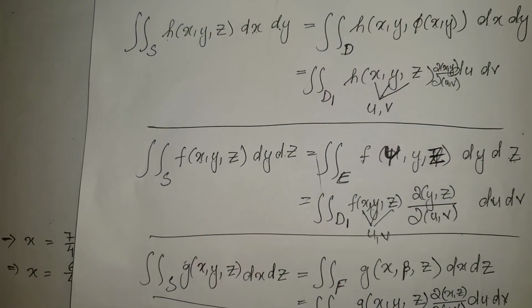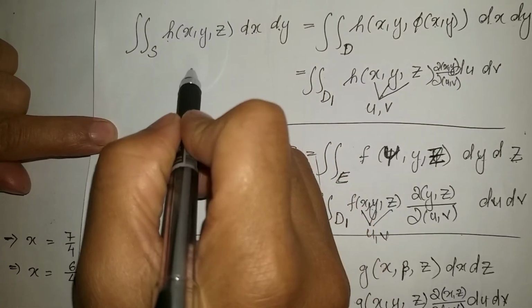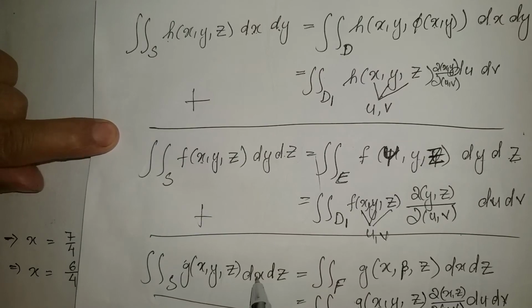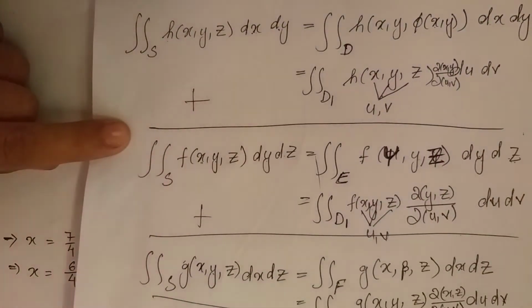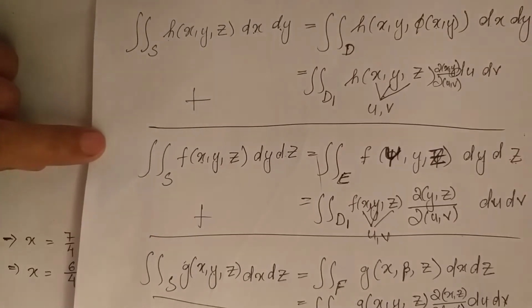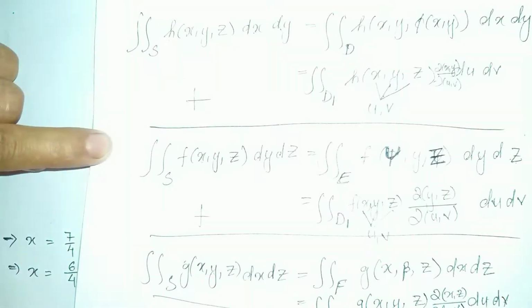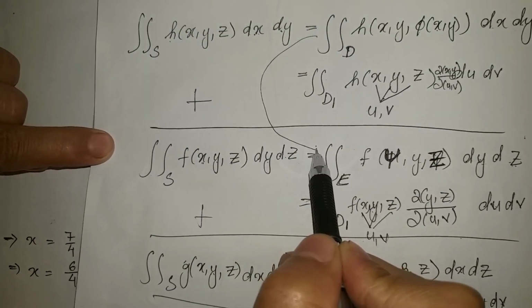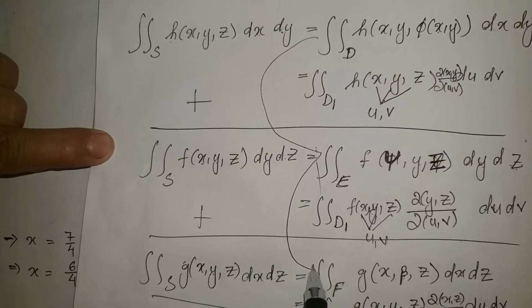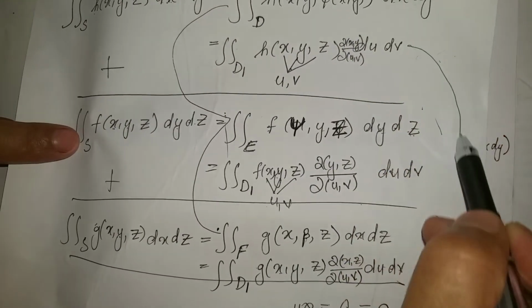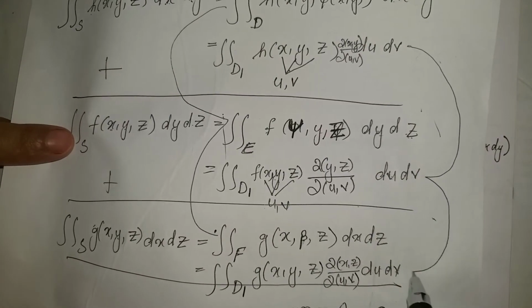If you add all the three together, you have this plus this plus this.